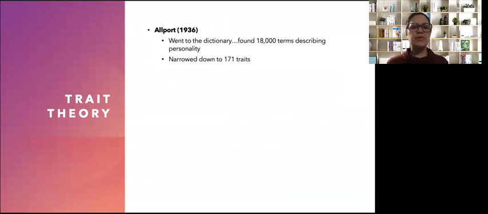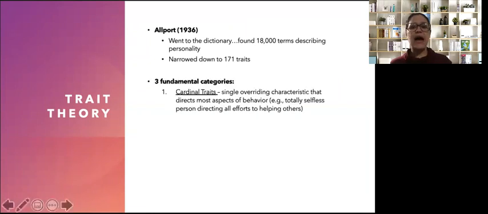He started research on personality and found that there were over 18,000 terms in the dictionary that were used to describe personality. So that's a lot, right? He did his own little research, and that's what he found. What he did was narrow this down to 171 traits that he identified. Okay. And he divided these 171 traits into three fundamental categories.